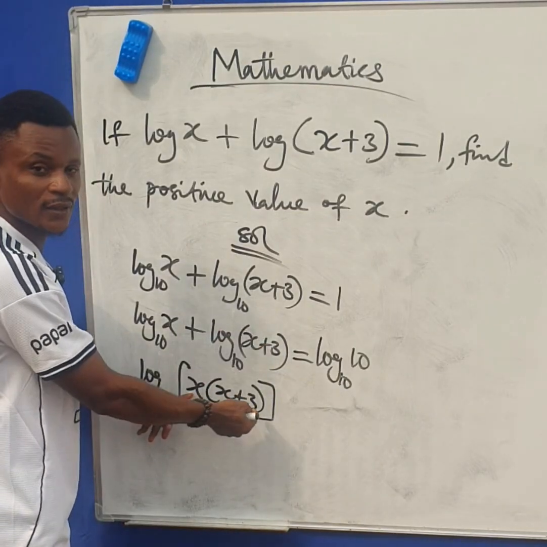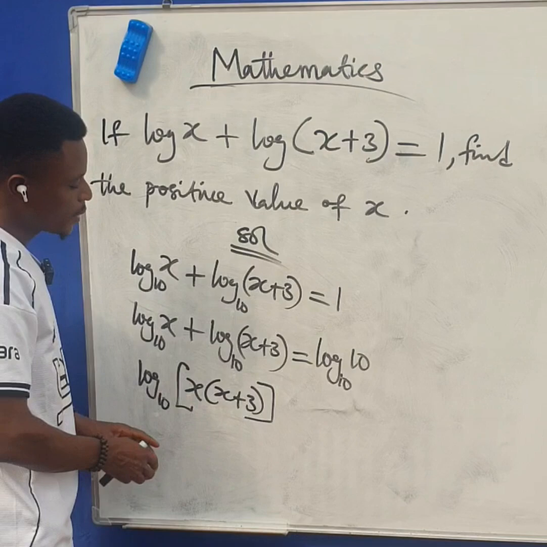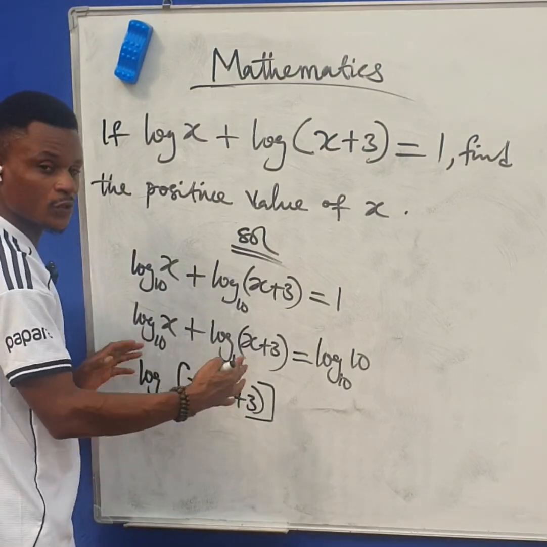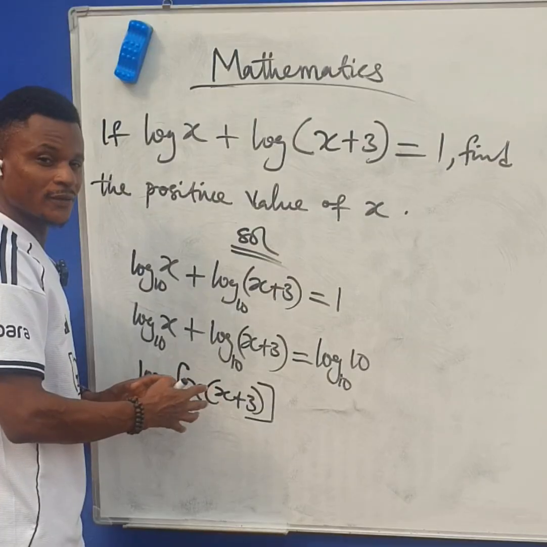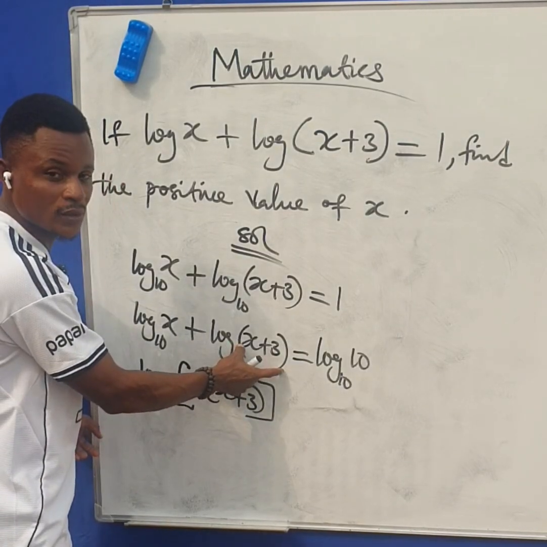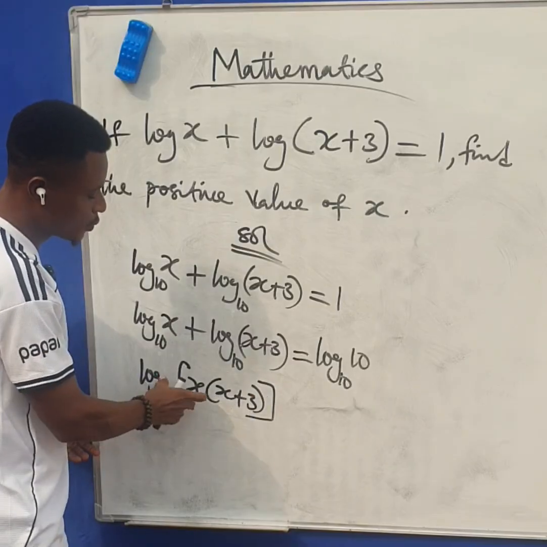You understand? We have double brackets because we want to show that these two are enclosed together. The inside bracket is from this one, while the outside one I use to lock everything.